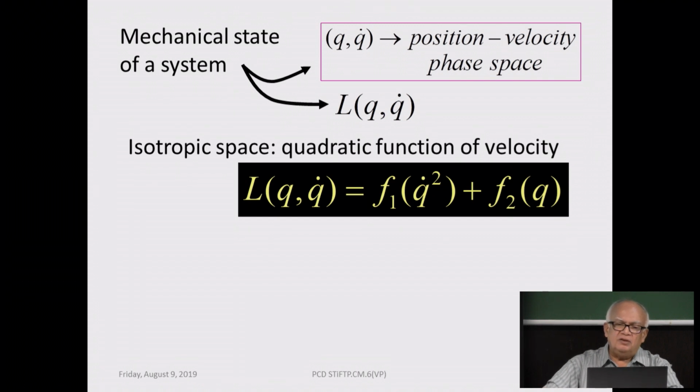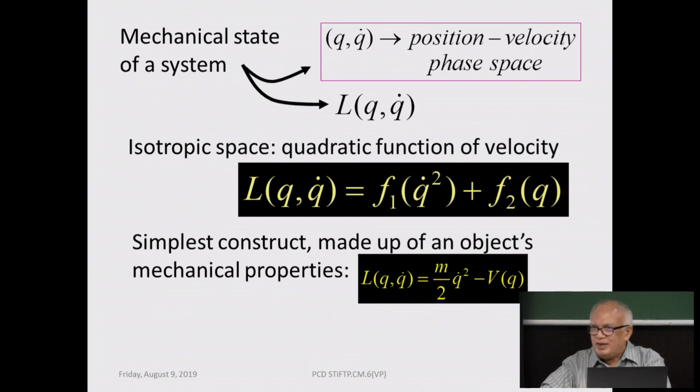So you express the Lagrangian as a function of velocity squared and a function of position, and the simplest functions in mechanics that you can construct will be T minus V. Why should you have a minus sign there, and why do you have an m over 2 over there, is a question which you can naturally ask.